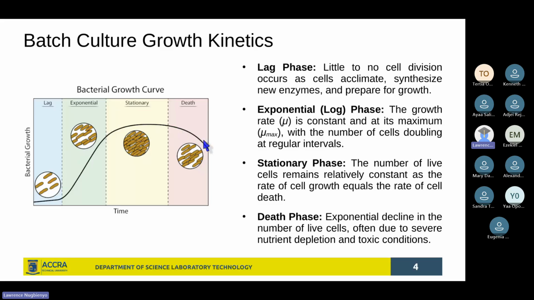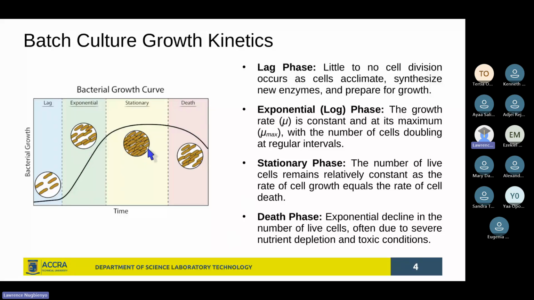And so toxic conditions are then created in this phase, and so the cells begin to die very fast. That's a death phase.